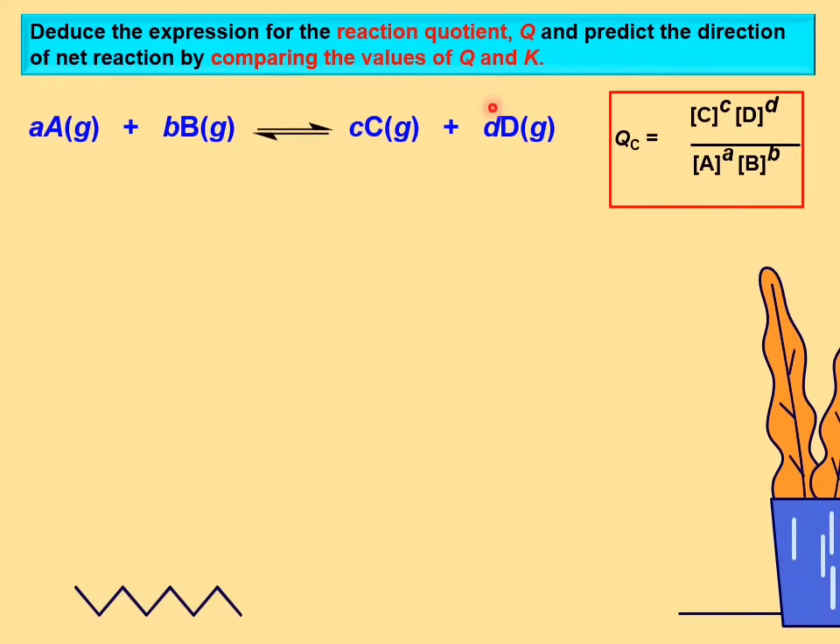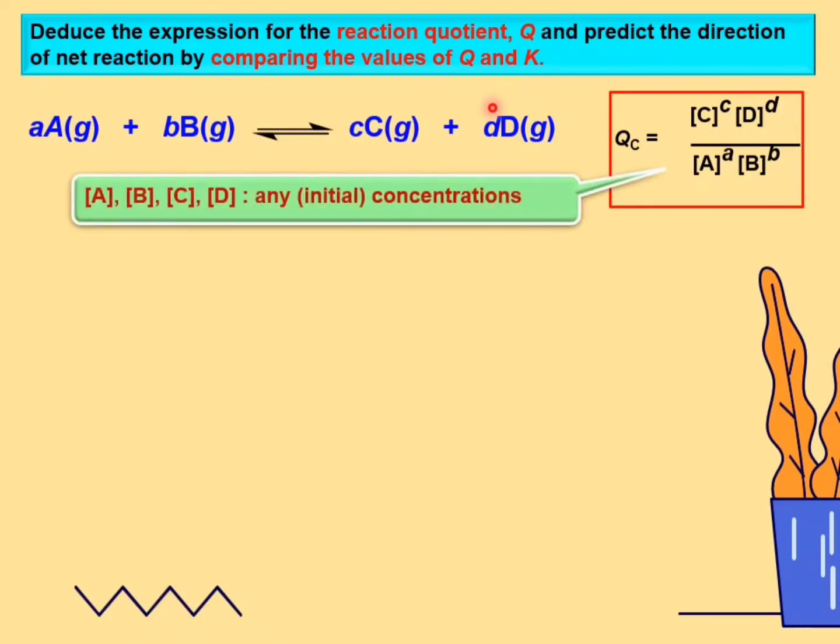Kalau you buat untuk Qp juga akan sama macam Kp. But the concentration involved here is not the equilibrium concentration. This concentration normally we use initial concentration. Okay, concentration awal bagi reactant and product.